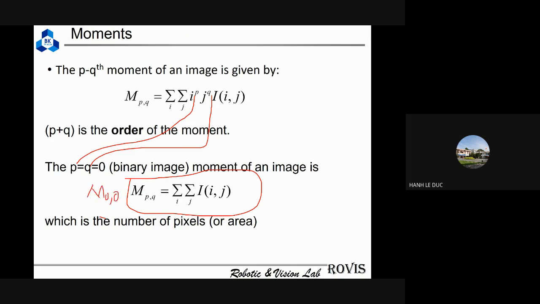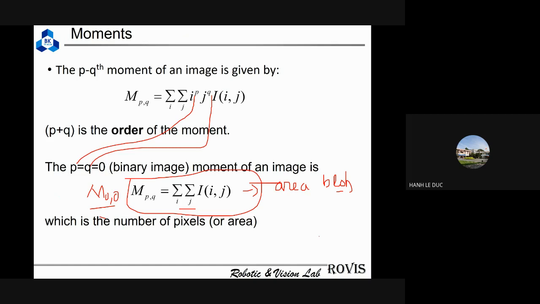Okay, so this is the moment power 1. The result of this is this one. So M00 is the area of the blob. Diện tích. Okay, area of the blob.